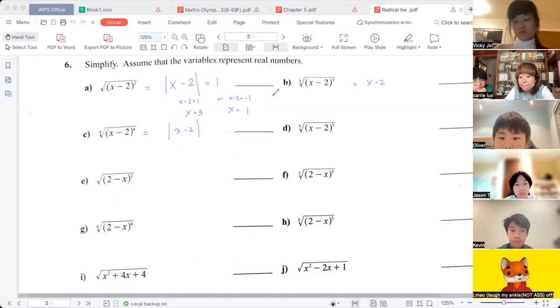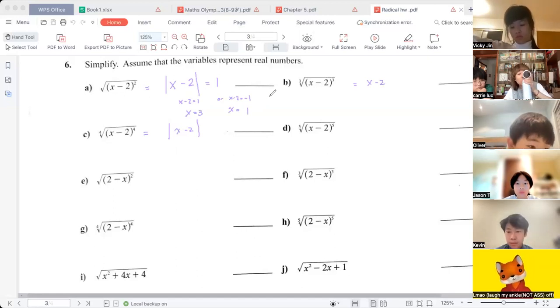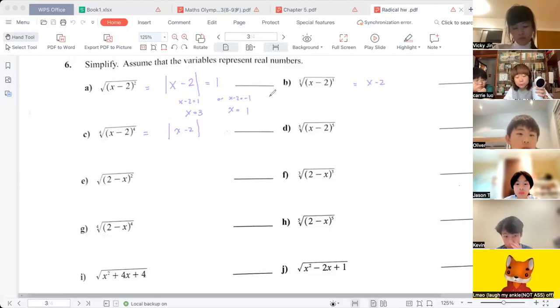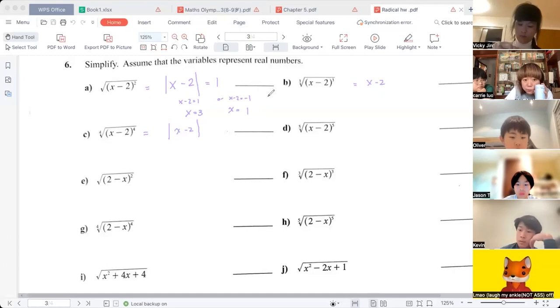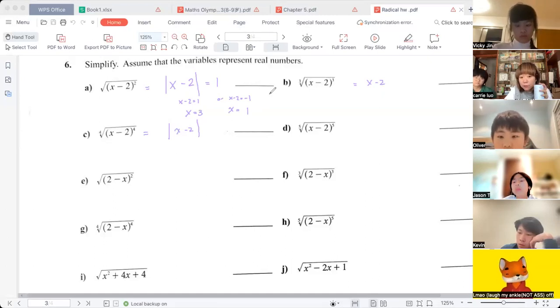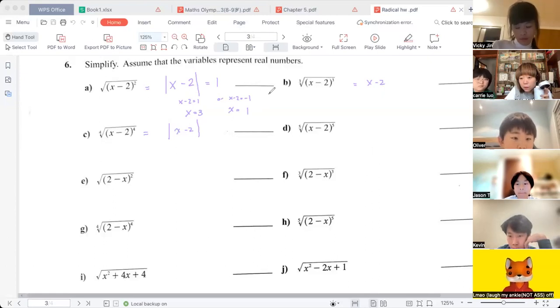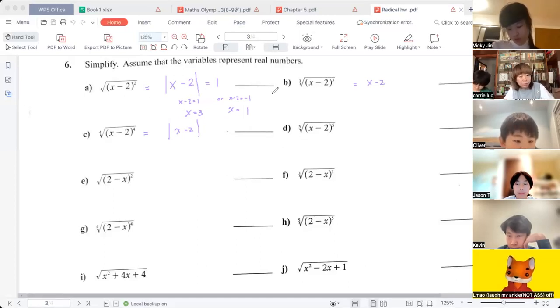I think if the question is like an even number root, the x will be positive. Like for square root or fourth root, x will be positive. But if it's like a cube root or fifth root, it can be positive or negative. So you think you're doing it the other way around.